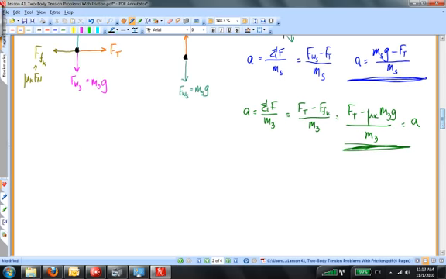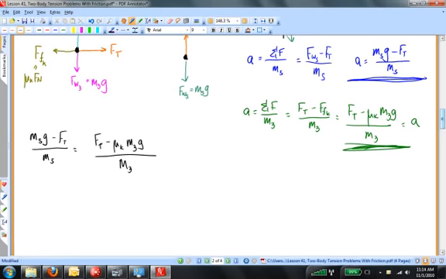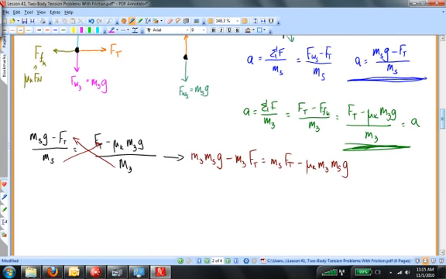Since both of these equations have a in them, I'm going to set the right-hand side of the blue equation equal to the left-hand side of the green equation. Now the only thing I don't know is Ft. So I'm going to cross multiply and then massage this equation until I can get Ft on one side and everything else on the other side. I'm going to gather the Ft terms on the left-hand side and put everything else on the right-hand side.